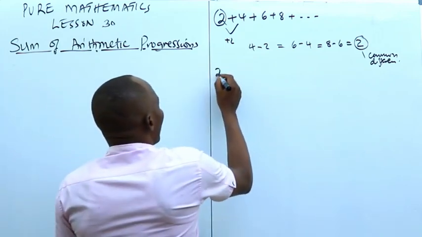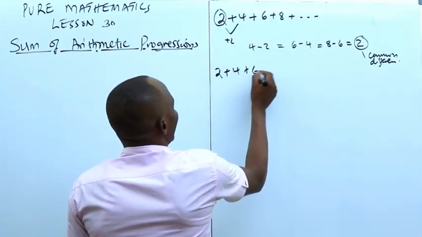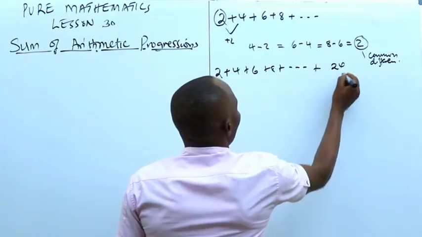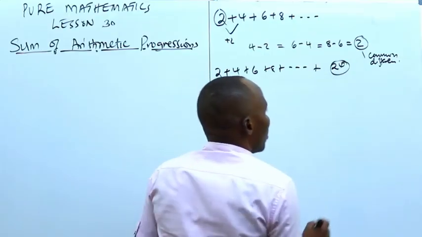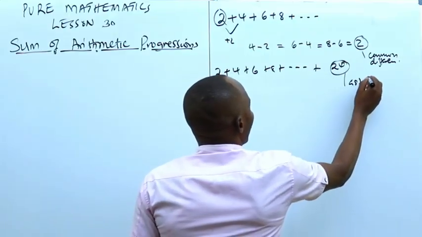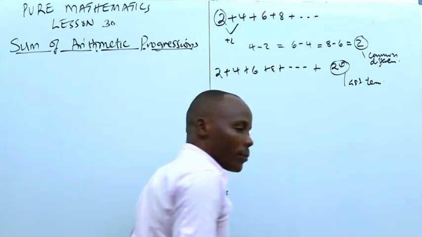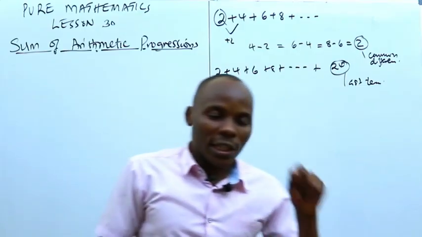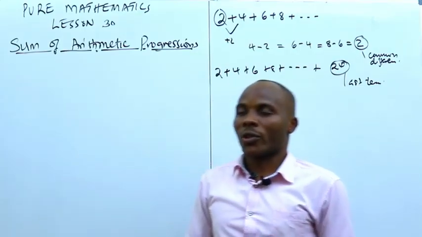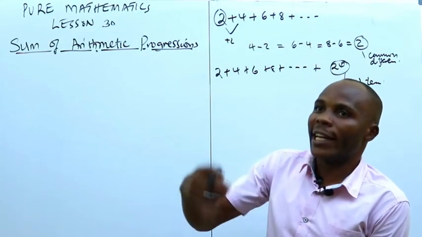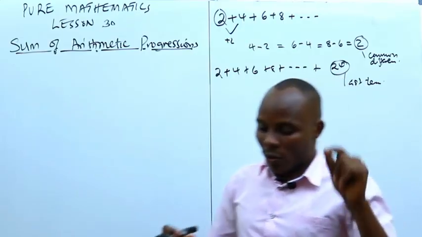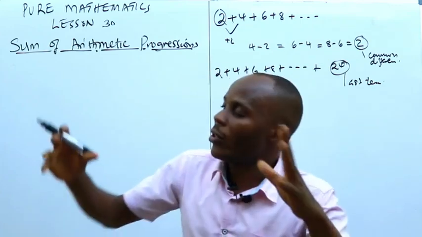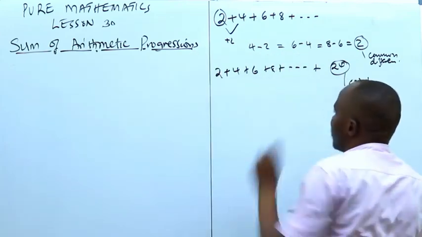And assuming we have 2 plus 4 plus 6 plus 8 plus up to 24, this 24 is called the last term. But I also said, if we don't call it the last term, it can also be called the nth term, because it can help us to determine other terms in this series.